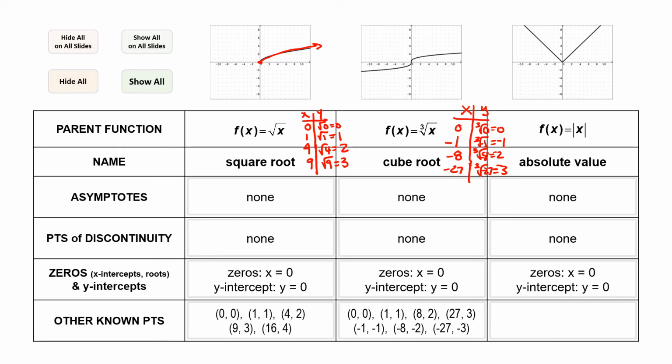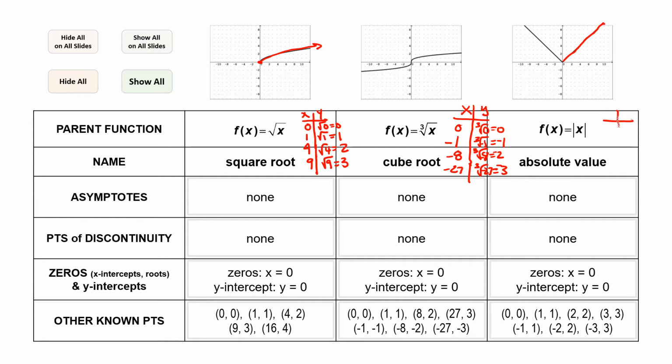Let's move on to the absolute value parent function. If you analyze the graph, you may see that the right half of the v-shaped graph is the same as the linear function. Therefore, certain known points like (0, 0), (1, 1), (2, 2), (3, 3) would also be here as well.